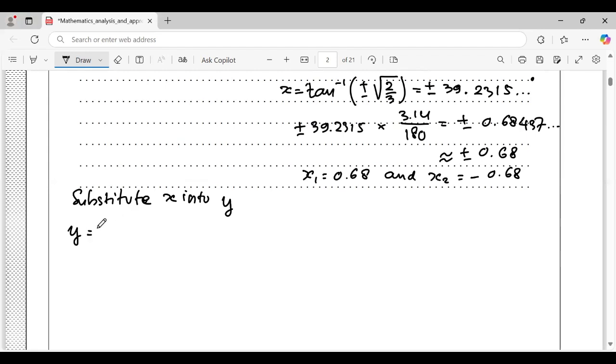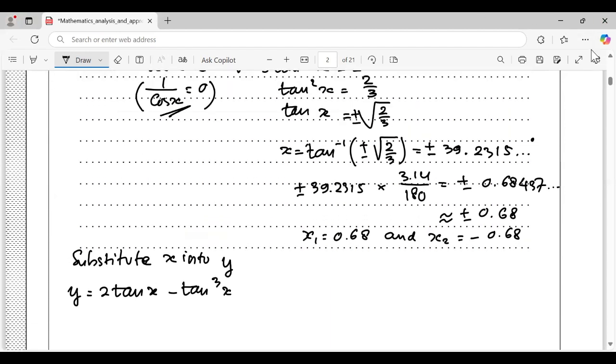2y equals tangent x minus tangent cube x. Don't use this one, but this one. Tangent x is this. So y equals 2 times positive negative square root 2/3, minus positive negative square root 2/3 cubed.